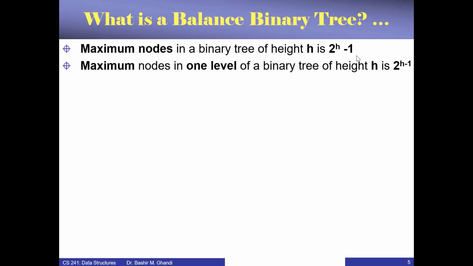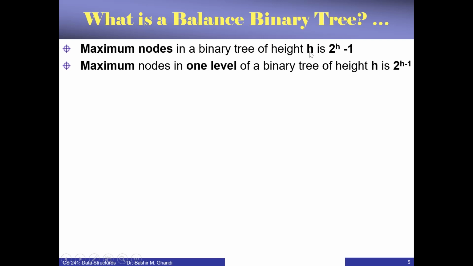And the second formula says the maximum number of nodes in 1 level, and usually that is the last level, for a binary tree of height h is 2 to the power h minus 1. Notice that this time the minus 1 is with the h. So these are formulas relating the number of nodes in a tree with its height.